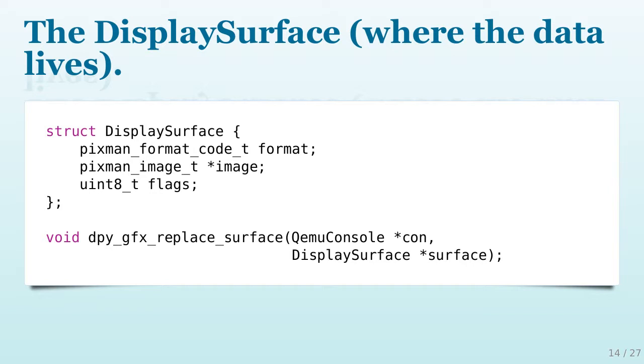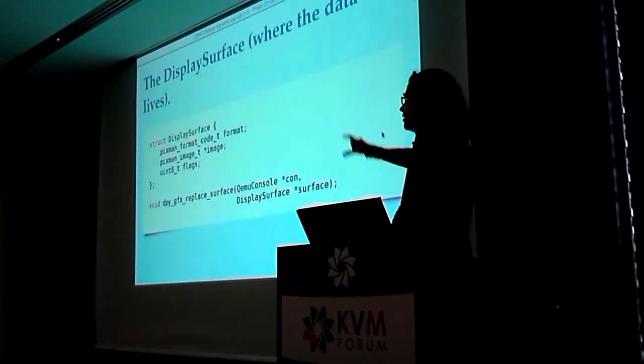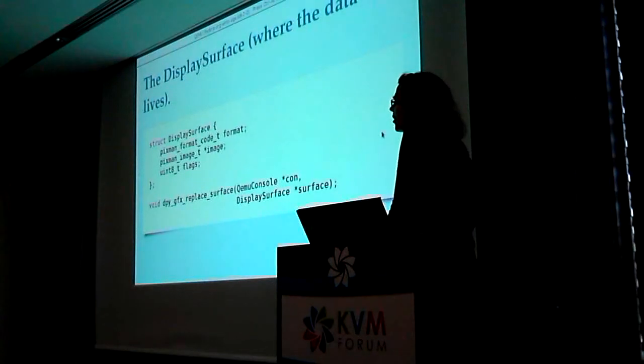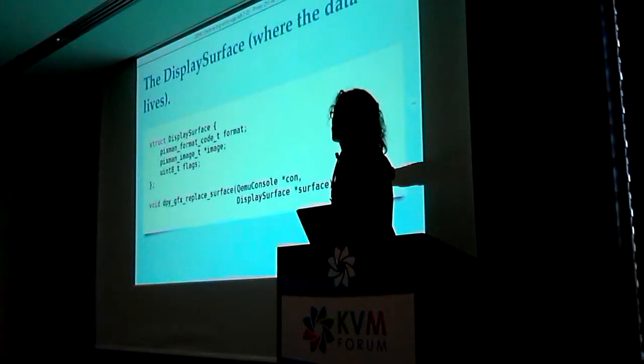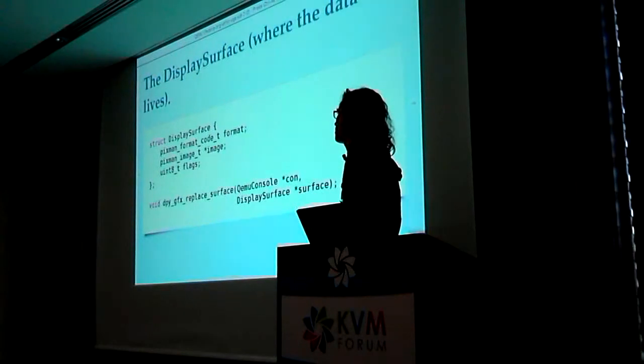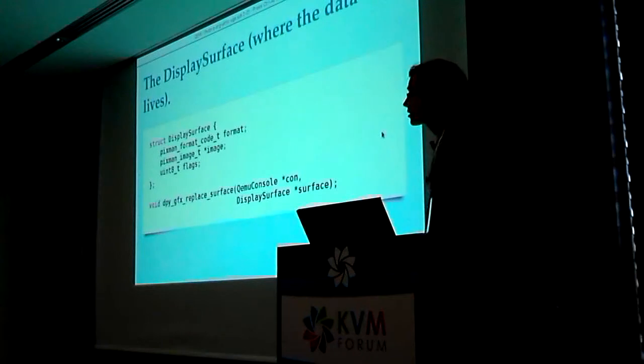So one important thing is the display surface, where the actual data is stored. These days, this is basically a very thin wrapper around a Pixman image. And this is a function which is called by the VGA code to set the display surface, which typically happens on mode switches.